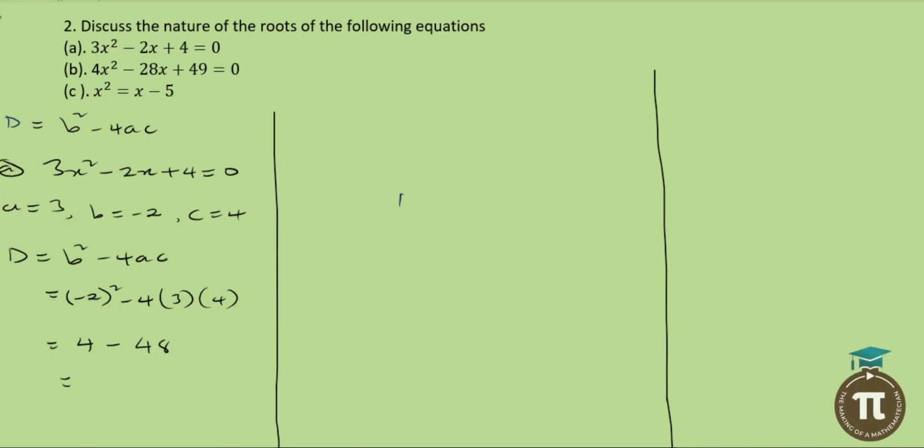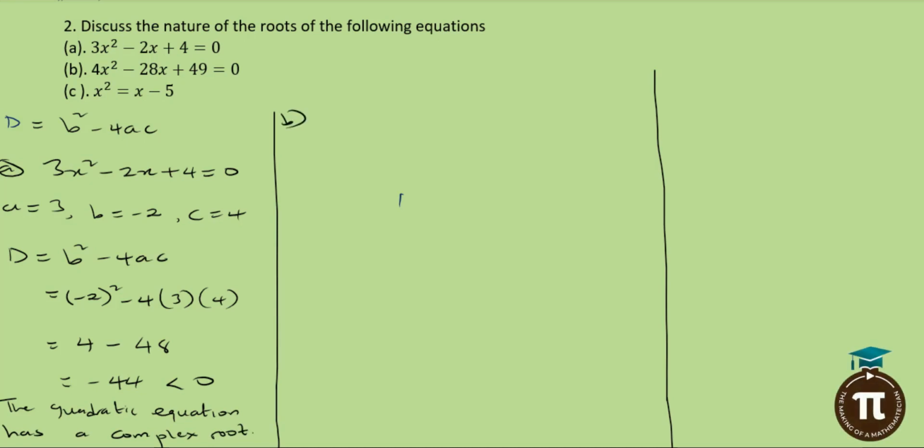So this will give me negative 44, and that is less than 0. So the nature of this root is that the quadratic equation has a complex or imaginary root.